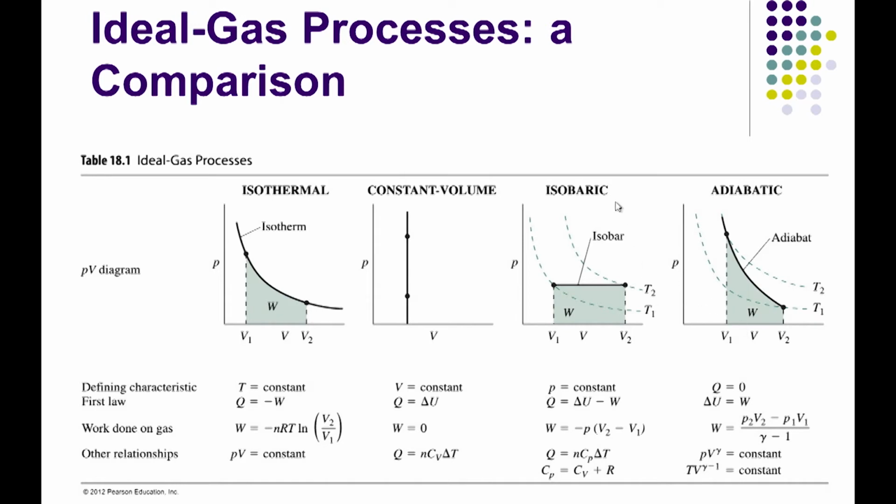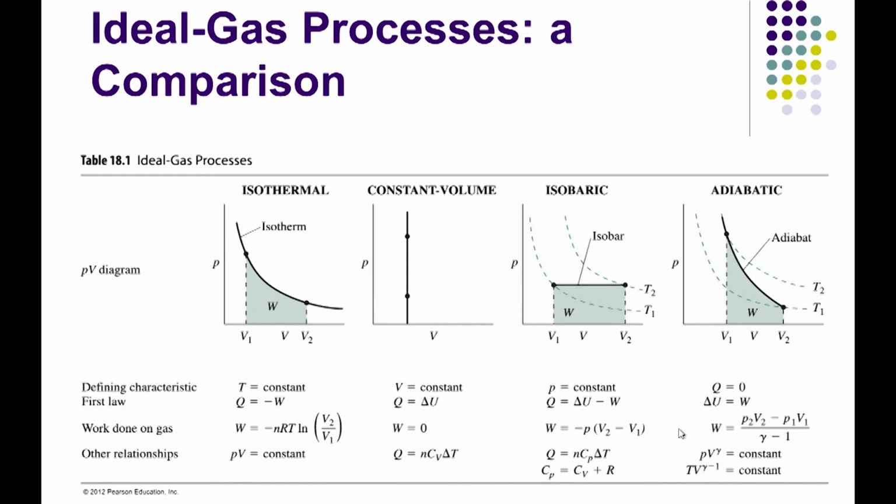In the isobaric method you saw that pressure was constant, so the integration was rather simple and you could keep P outside and integrate over V2 minus V1, but in this case it is a complicated integration, and it also has an exponential component, and so it becomes PV to the power gamma, which is the ratio of Cp over Cv.